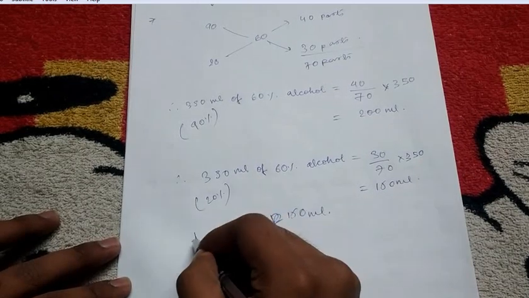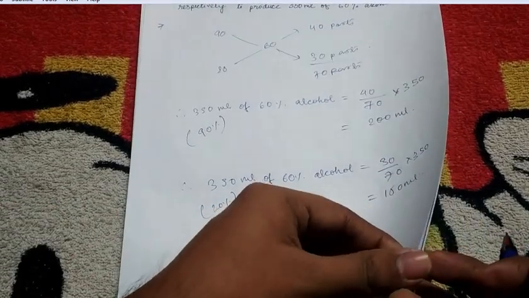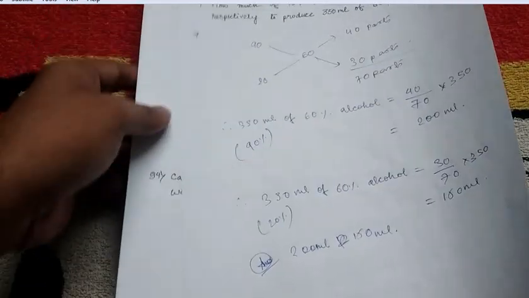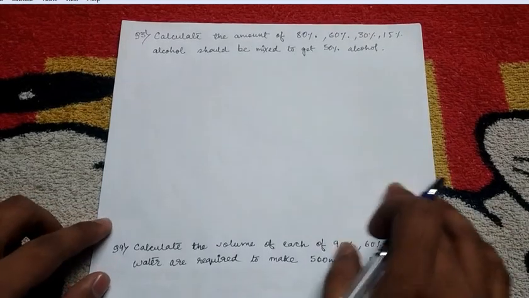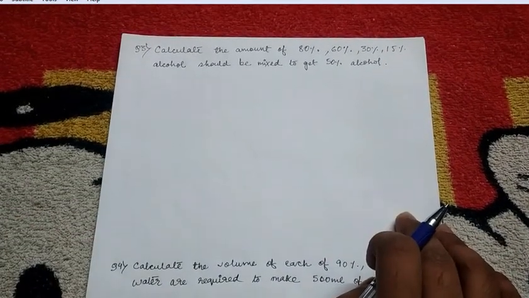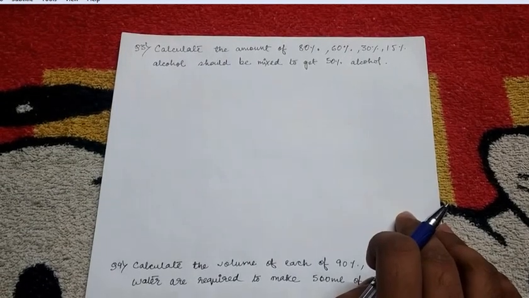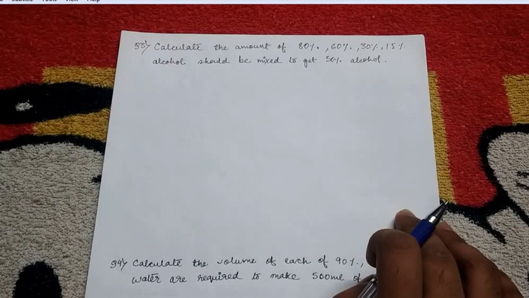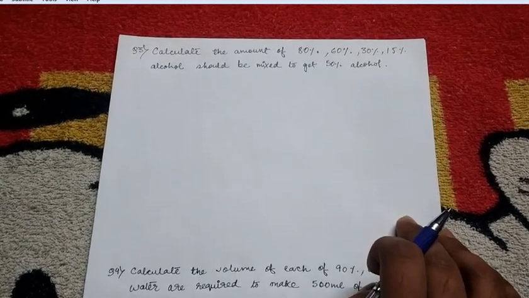Next question. The next question is, calculate the amount of 80%, 60%, 30%, 15% alcohol which should be mixed to get 50% alcohol.